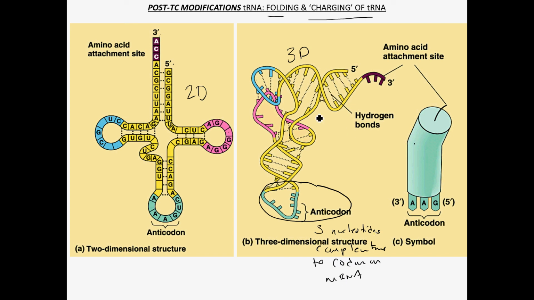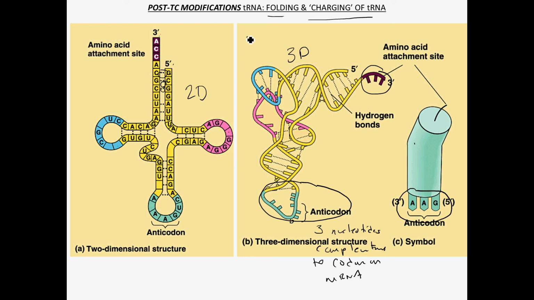Right? So this linear transcript is going to fold on itself. You see you get hydrogen bonding happening here and here and here, so you get this little double helix area, and then you get the anticodon area down here, 3 nucleotides. I know it just looks like 2 of them here. They don't show the 3rd one. There should be a 3rd one there as well. And then over here, your author shows the anticodon as this area down here. The other end of the molecule is where the amino acids are going to be attached.